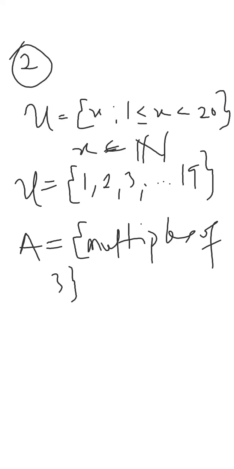So now, this particular set they are giving you is not a new set entirely. It's actually a part of the universal set. Universal set will give you the demarcation of what the discussion is all about. So you are not expected to travel out of that demarcation.